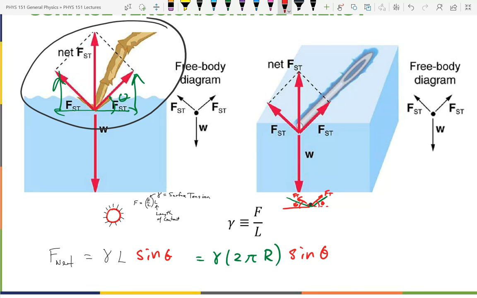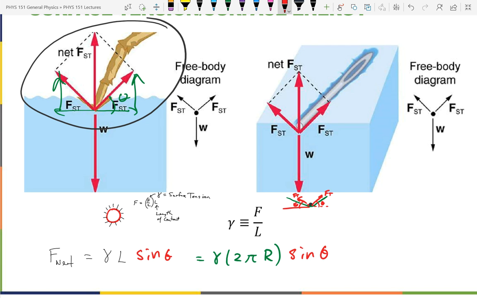Now, if the skeeter is heavier, let's say the skeeter has just had a meal. Those guys are so light, it might double their weight when they have a meal. If you push down twice as far, what's going to happen to the skeeter? It might break the surface tension, but first it's going to sink down a little. As it sinks down, that water angle becomes more vertical, which means that theta is coming closer to 90, sine theta is coming closer to 1.